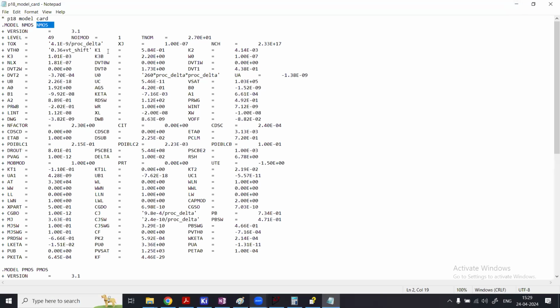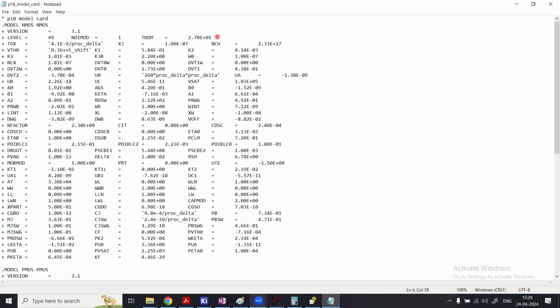Coming back here, we are using the SPICE card for the NMOS, which has hundreds of parameters as you can see. So what parameters? This is level 49 and this is version 3.1. You can use any other version. TNOM is the nominal temperature.